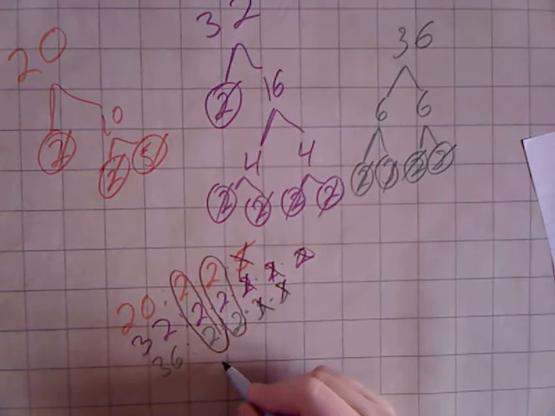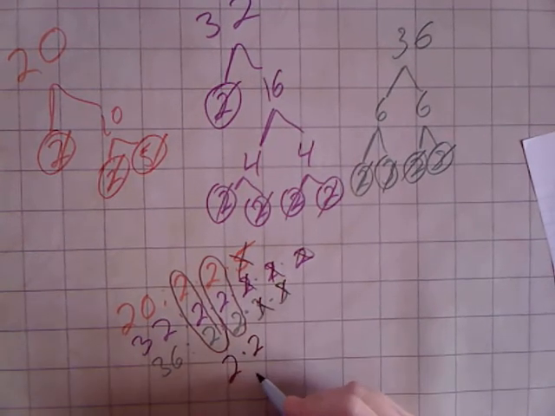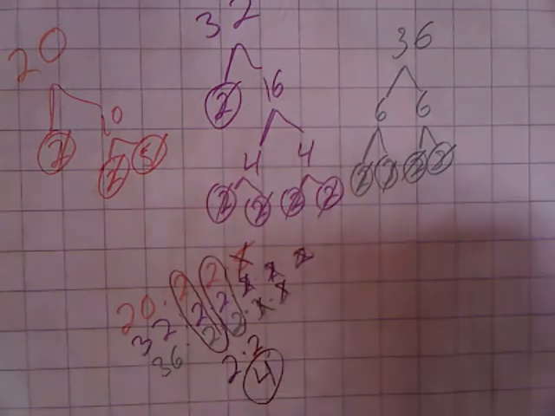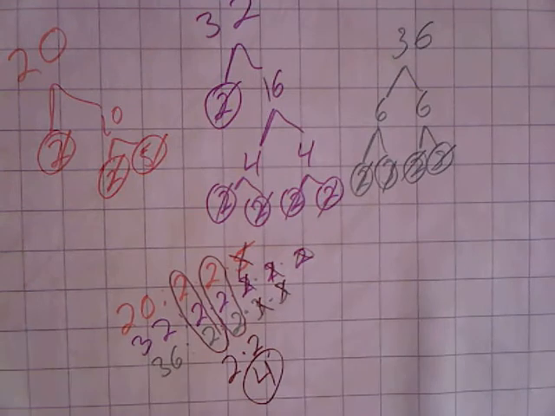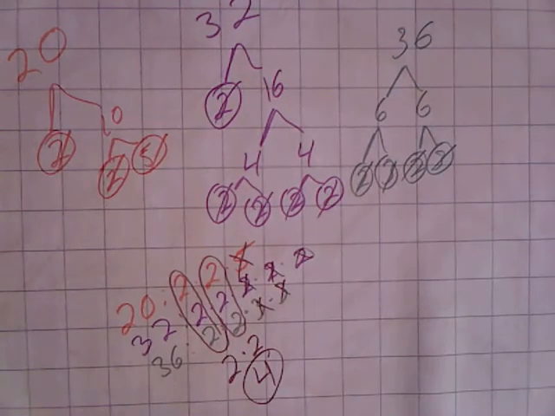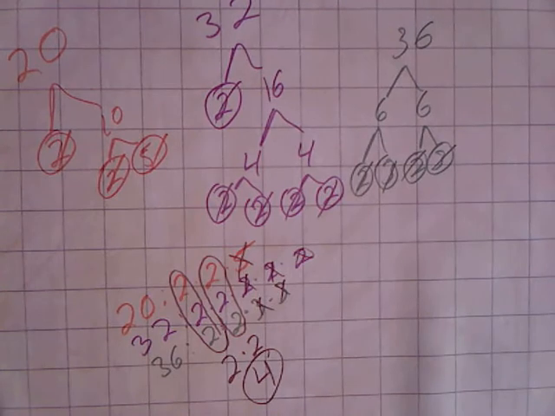What's in this circle? It's a 2. In this circle is a 2. We know that 2 times 2 is 4. So the greatest common factor of these 3 numbers is actually going to be 4. That is the biggest number that can multiply into 20 and 32 and 36.